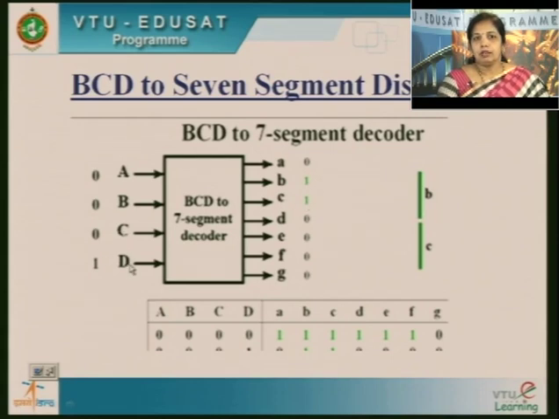I need to display 1 at the display unit, so the output of B and C will be logic 1, the rest all will be 0. This B and C is connected to the display unit, so the particular segments B and C will be on. At the output side, you can see on the LED 7-segment display the LEDs B and C. Out of 7 segments, only 2 segments will be on.